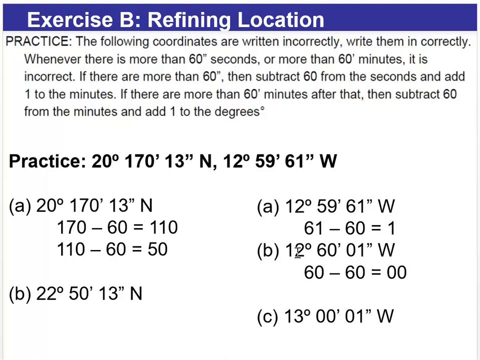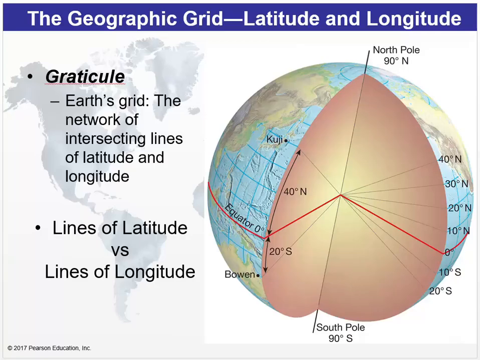So we're adding that number. So the correct answer is going to be 13 degrees, 0 minutes, and 1 second. So the final answer for this would be completely read out as 22 degrees, 50 minutes, 13 seconds north by 13 degrees, 0 minutes, and 1 second west.